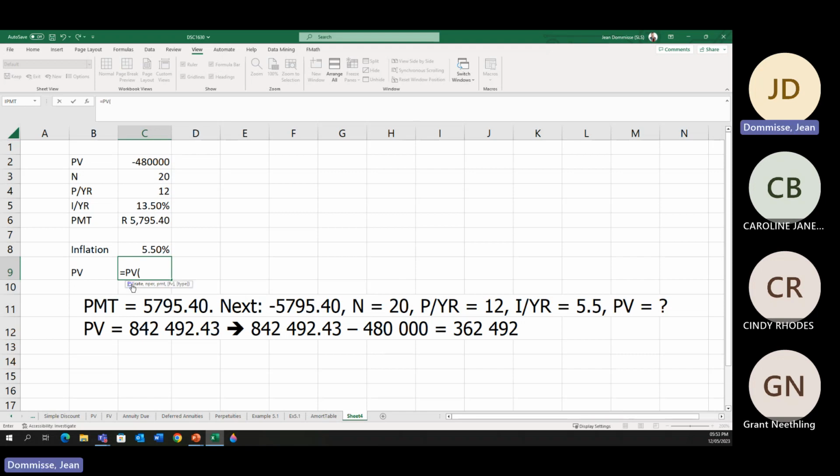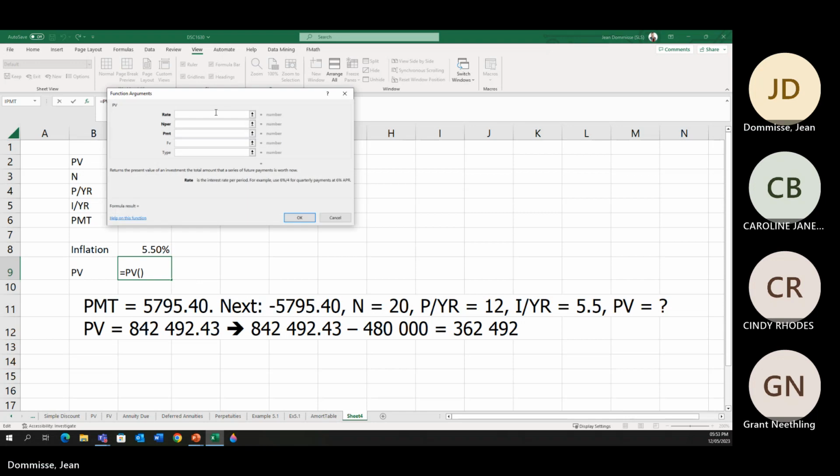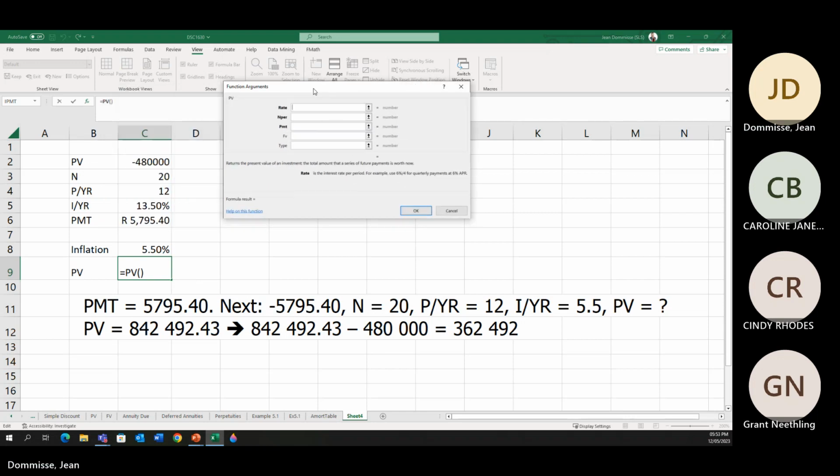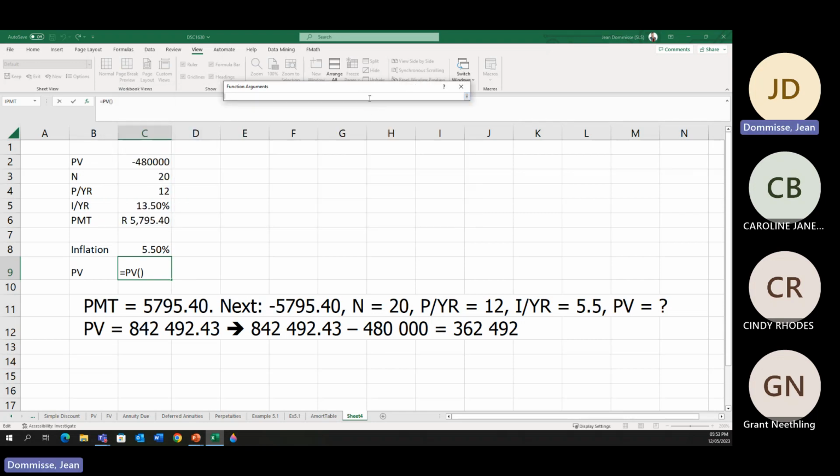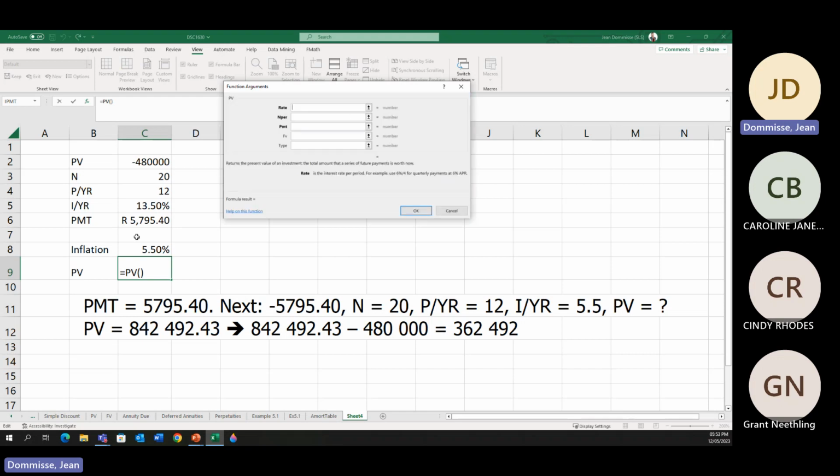Present value. So the rate was your inflation rate divided by 12. Your period was 20 times 12. Your payment was that.